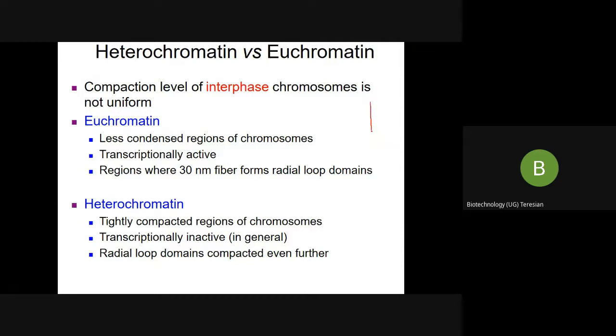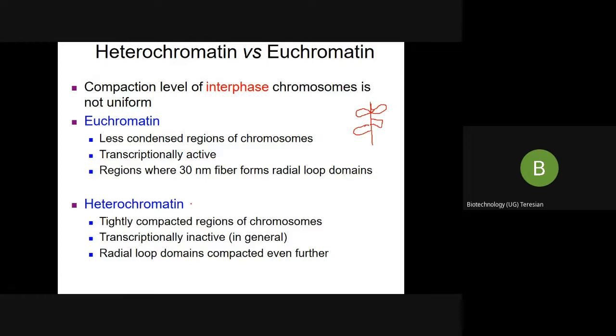If you remember, previously we talked about the structure, the protein scaffold, and then you can see the loops like this. So this is what constitutes your 30 nanometer fiber radial loop domain.